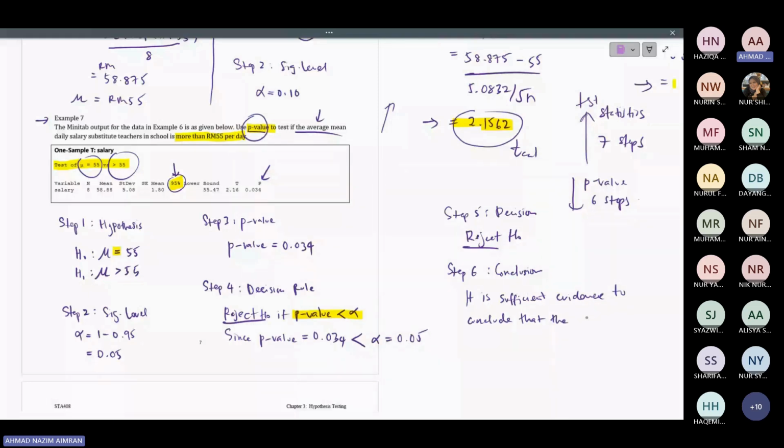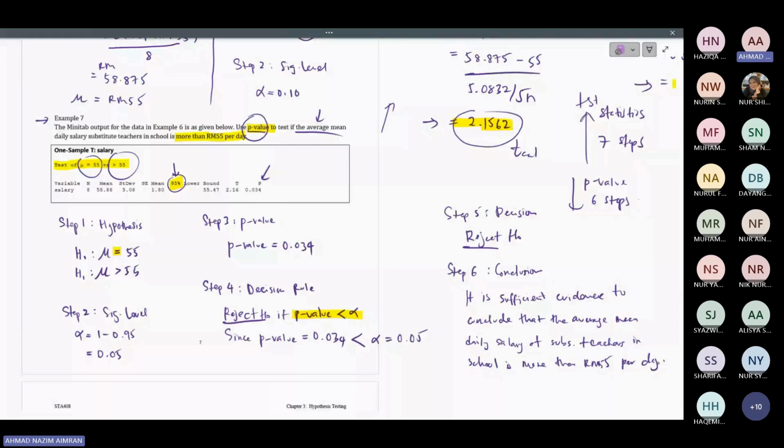The average mean daily salary of substitute teachers in school is more than RM 55 ringgit per day.